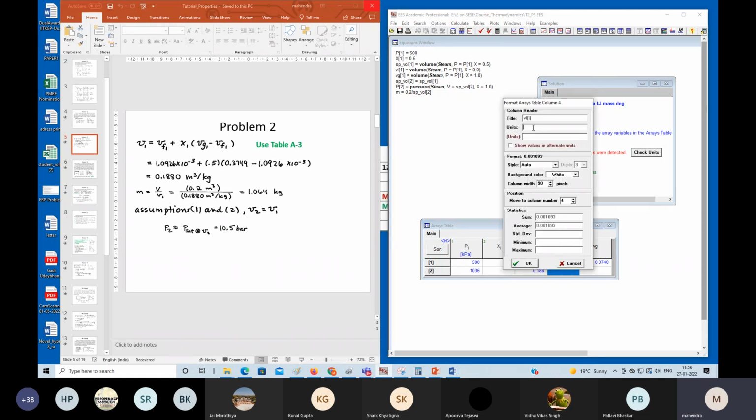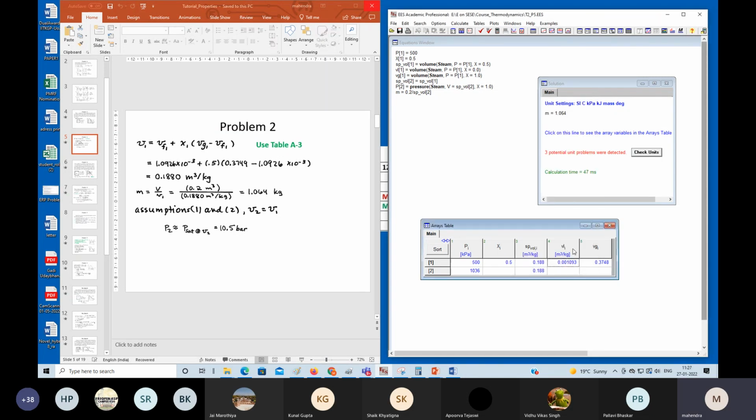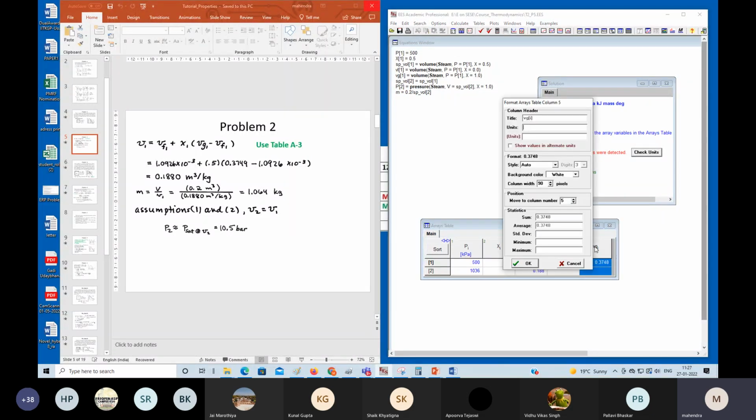This window opens, then you can type meter cube, then say okay. So here 3 potential unit problems were detected. If you run now, this will reduce to 2. And what is pending? This also. Here also you can enter your value.